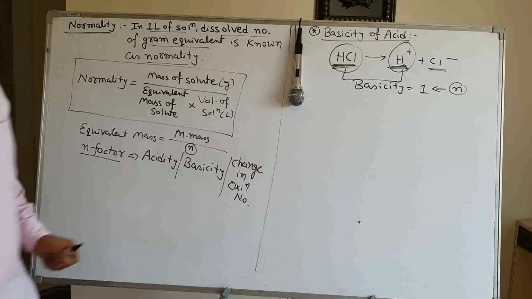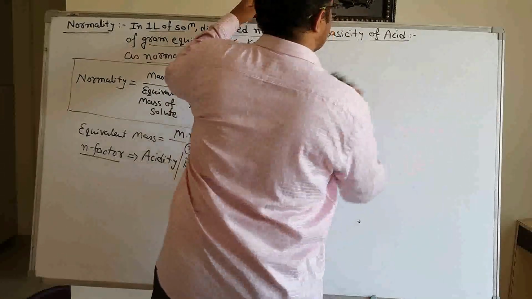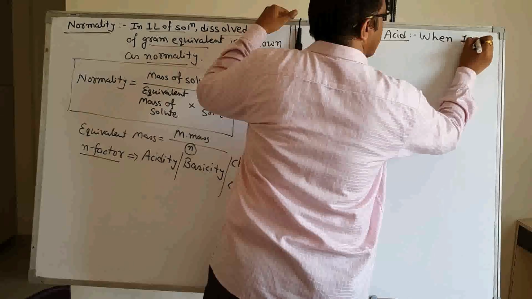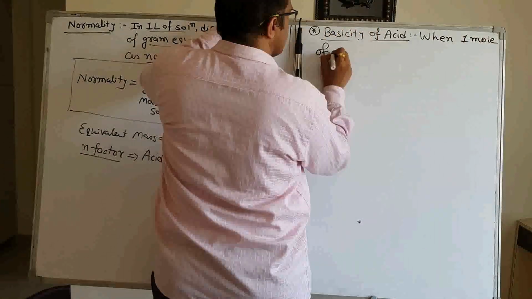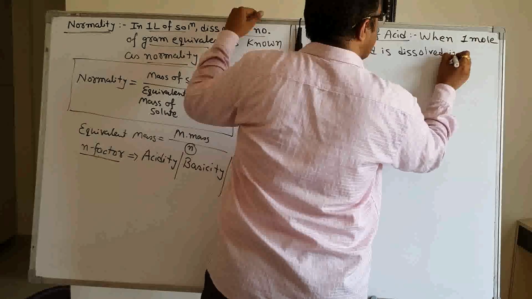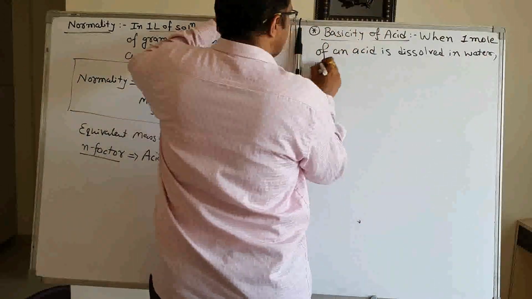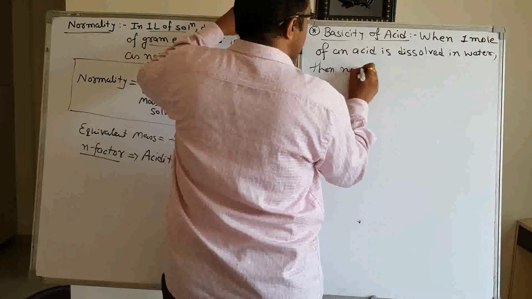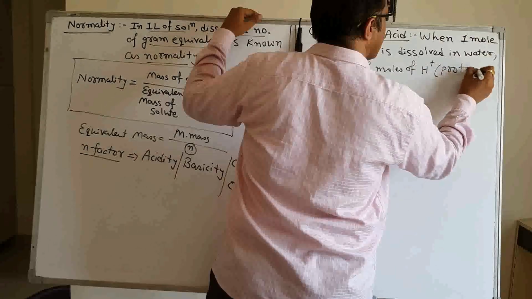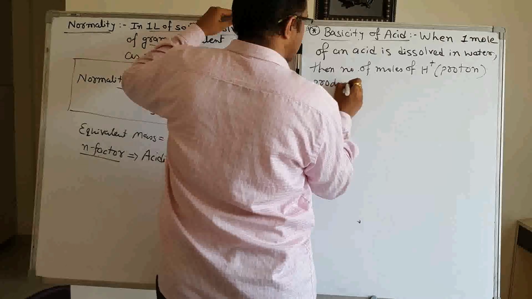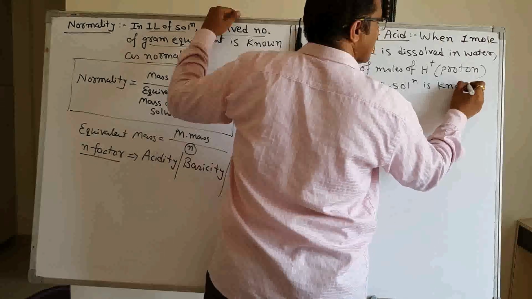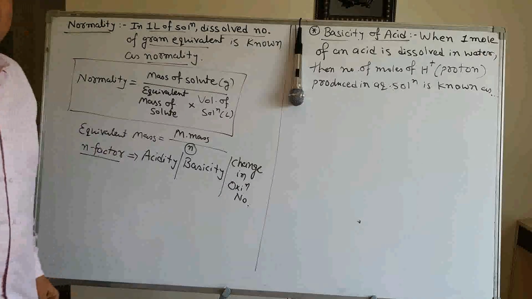Okay, so simply if we take a definition of basicity, then we can say when 1 mole of an acid is dissolved in water, then number of moles of H plus, that is proton, produced in aqueous solution is known as basicity of an acid.